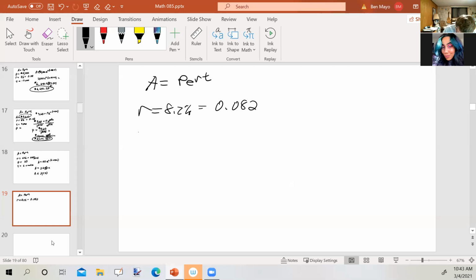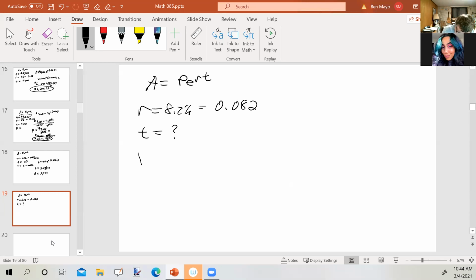How long will it take? So T is the unknown. It says for the population to double. So they don't tell us the initial population. All they tell us is that the beginning population is going to double.